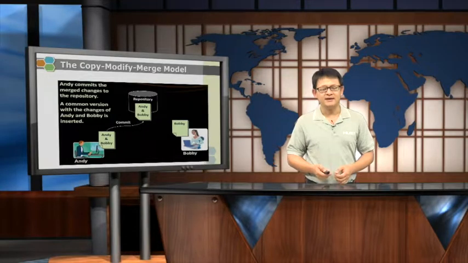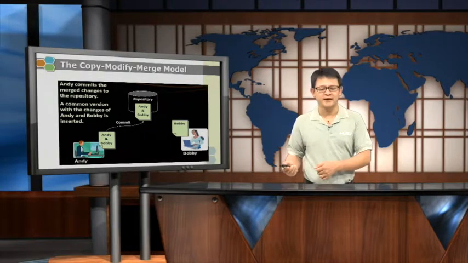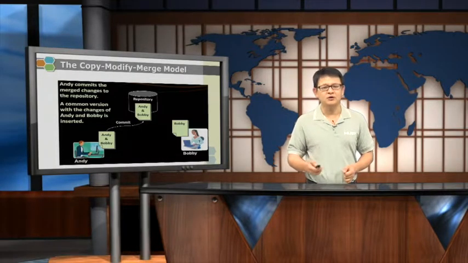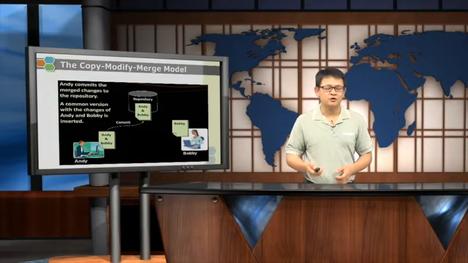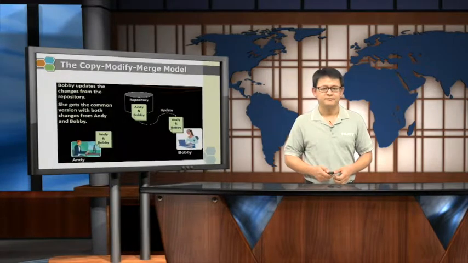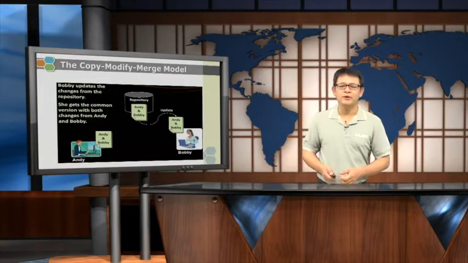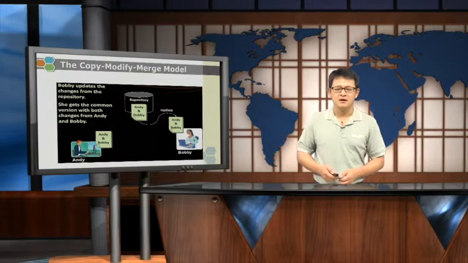Then he will merge his modification with Bobby's modification, and then commit the file into the repository. And the file in the repository now contains both the modification of Andy and Bobby without conflict. And then Bobby will update the current file from the remote repository.